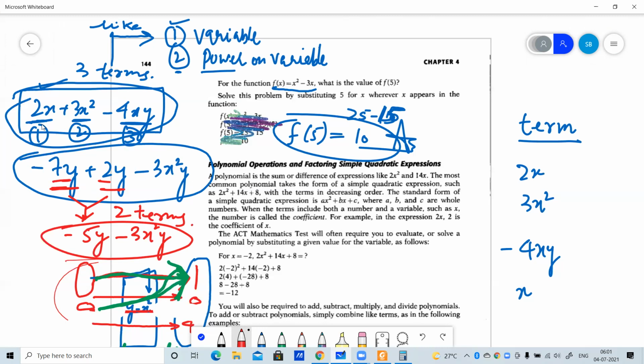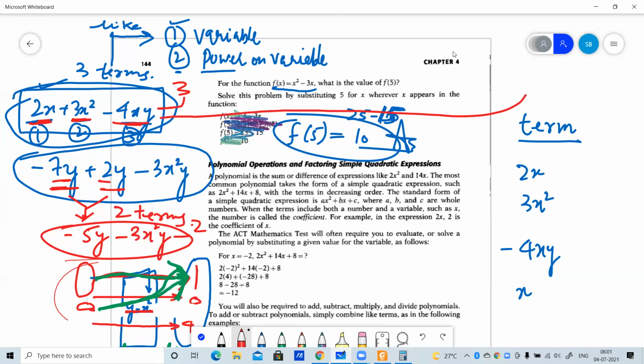If you're having a combination of terms, for example, in the above case, you're having three terms, in the below case, you're having two terms, but the combination is such that the variables are having the powers as integers.